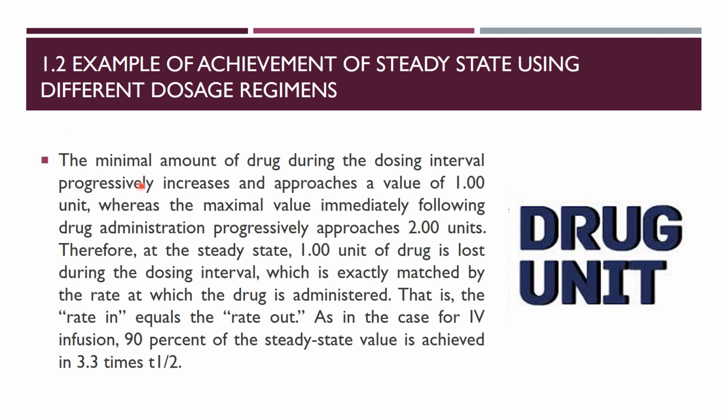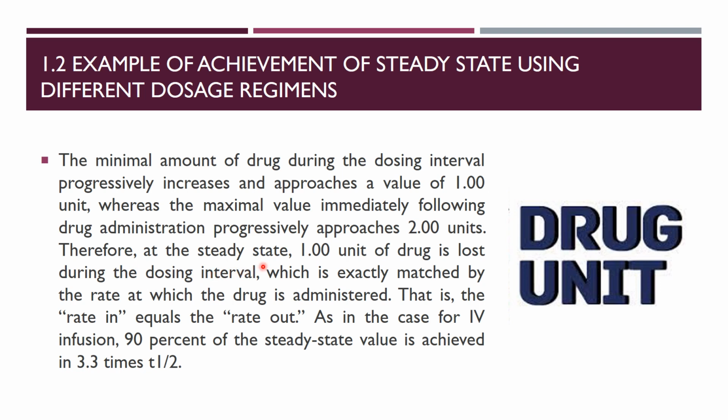The minimal amount of drug during the dosing interval progressively increases and approaches a value of 1 unit, whereas the maximum value immediately following drug administration progressively approaches 2 units.